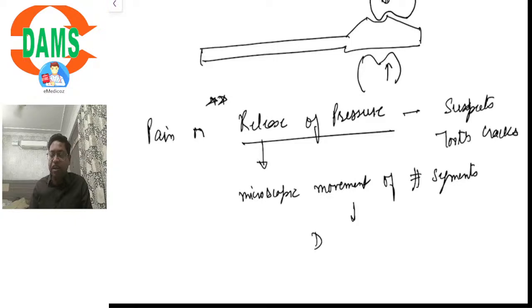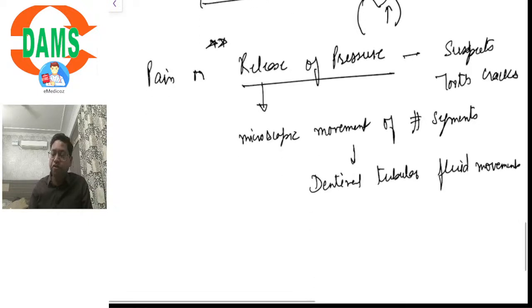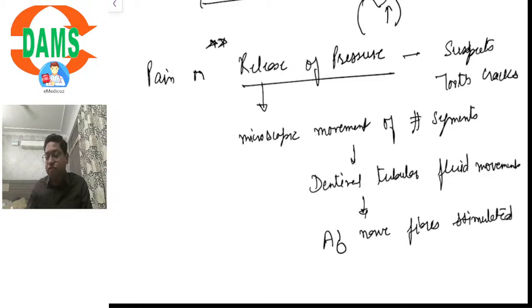This causes dentinal tubular fluid movement. There would be movement of dentinal tubular fluid, and this in turn would stimulate what nerve fibers? The A delta nerve fibers. They are stimulated, and because of this, what would happen?